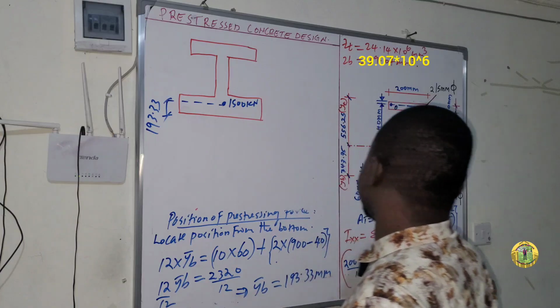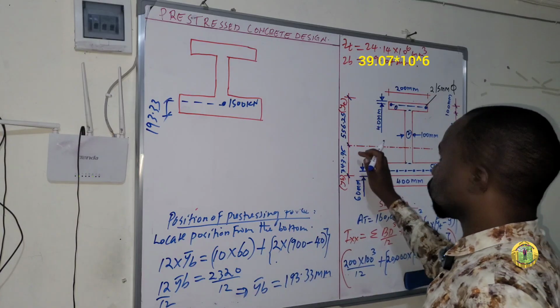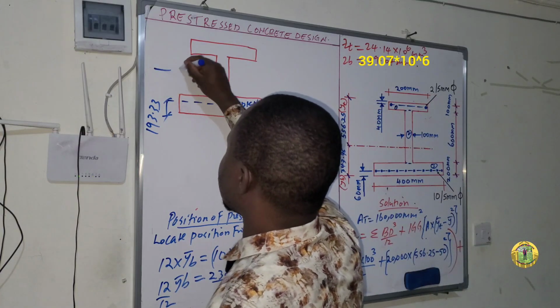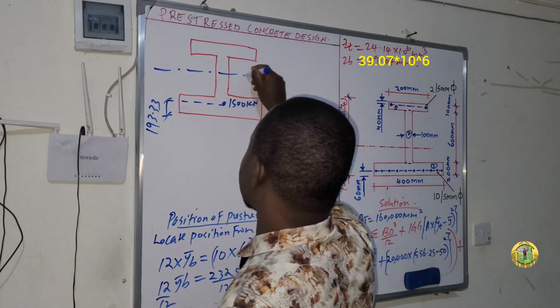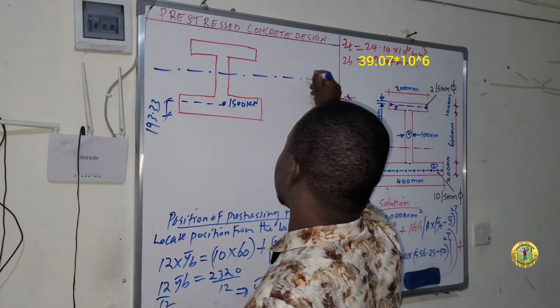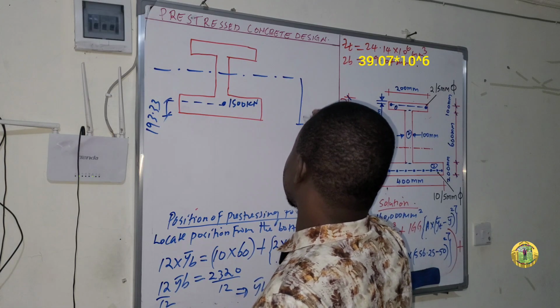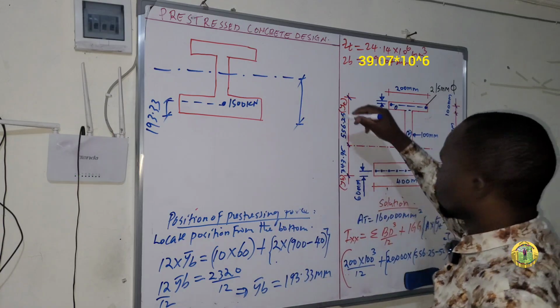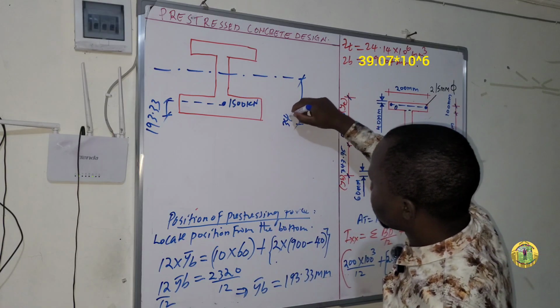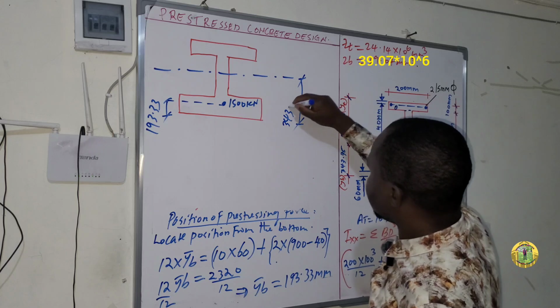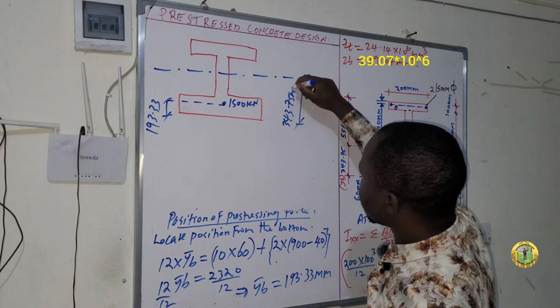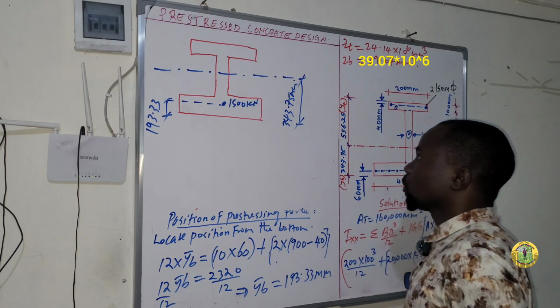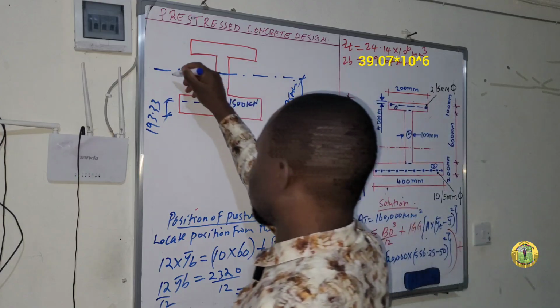And remember, the Y bottom is 343.75 millimeters.